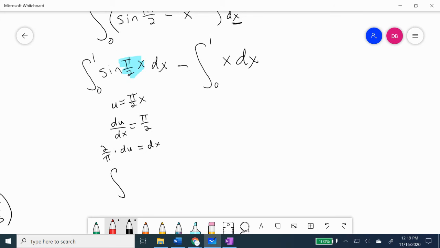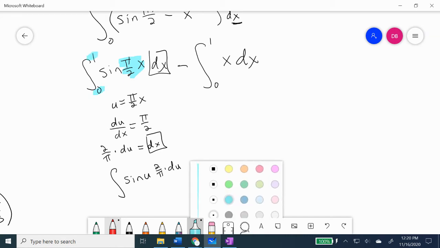Then the integral from there is sine u times 2 over pi du. And I need to change the limits on my integral by putting them into the chosen u.